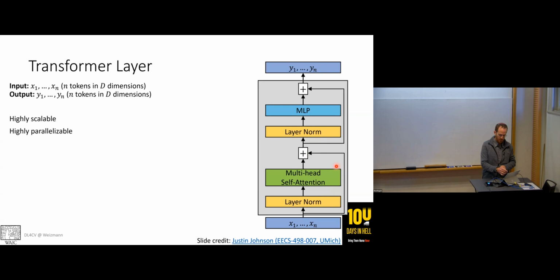We have skip connections over this block. Then we have another normalization and a multi-layer perceptron that projects each token to itself. So the tokens interact by the attention layer, and they are projected each on its own in the multi-layer perceptron block.